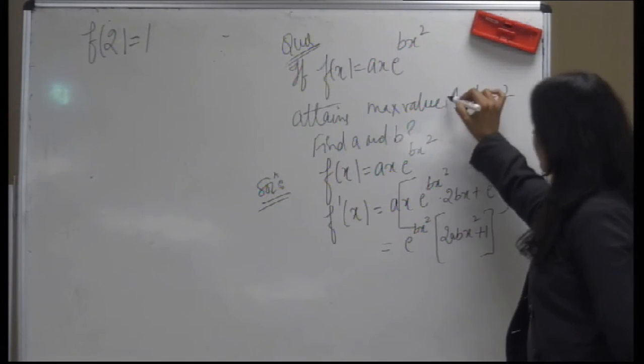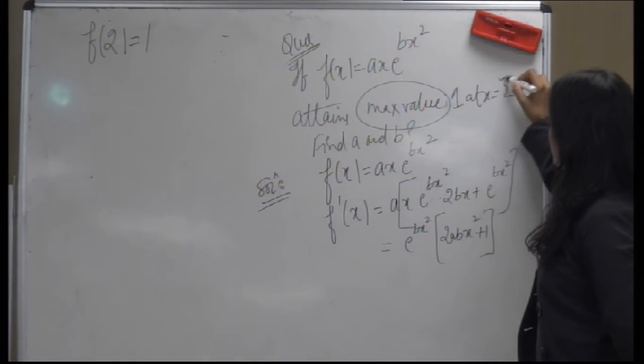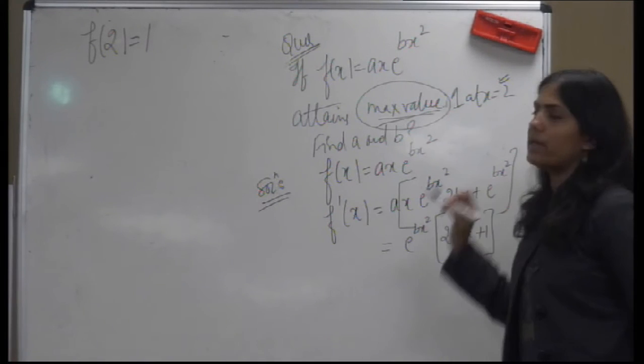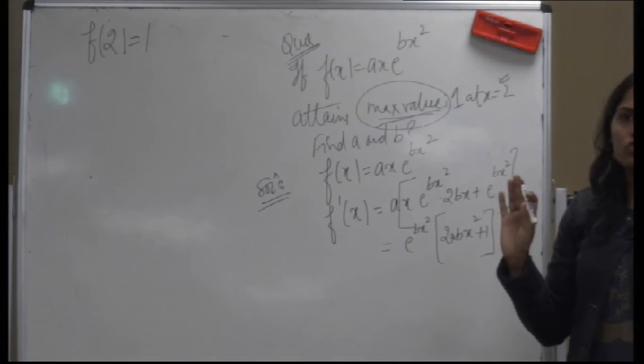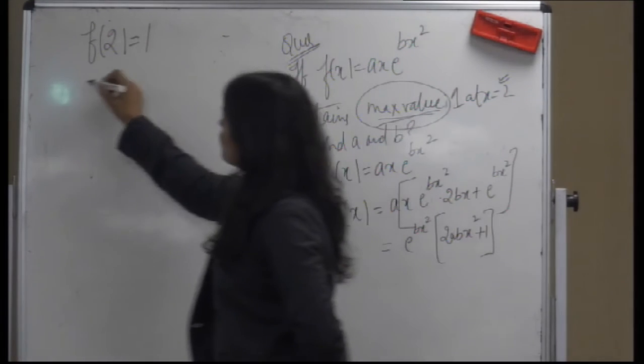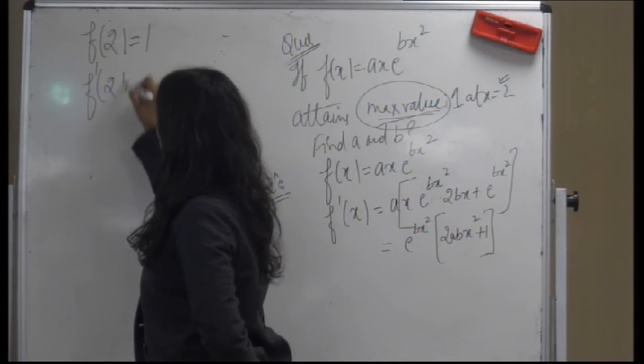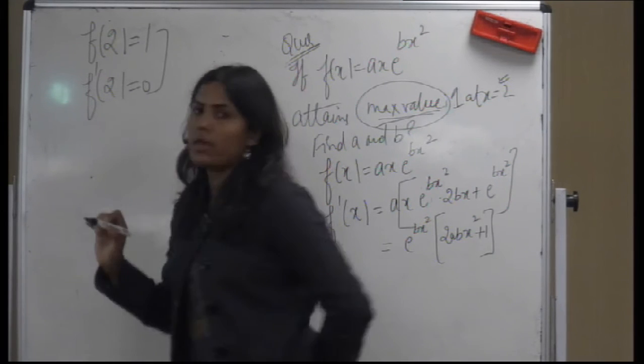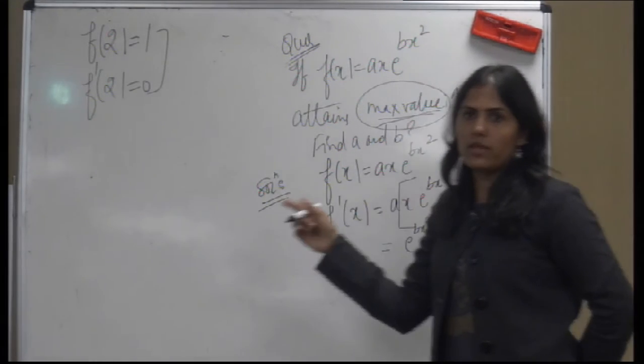This is given. f of 2 is 1. Now, at x equal to 2 the function attains its maximum value. It means f dash 2 will be 0 for sure. So one situation is f dash 2 equal to 0.